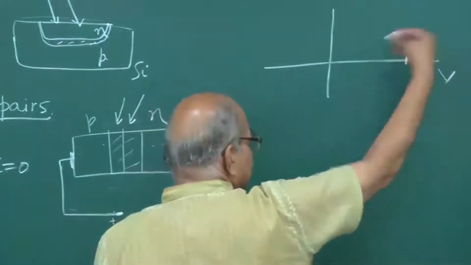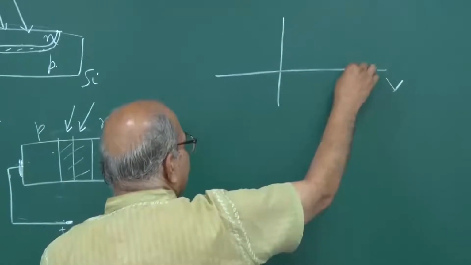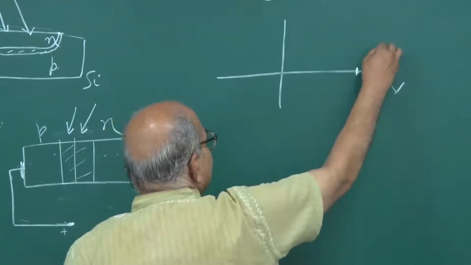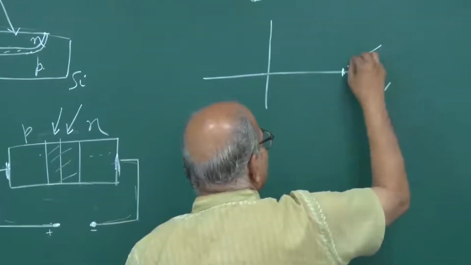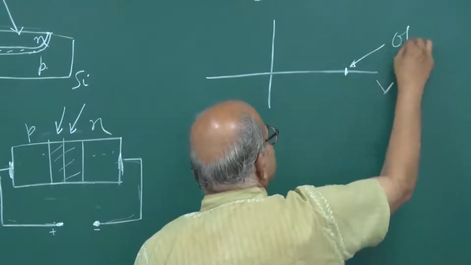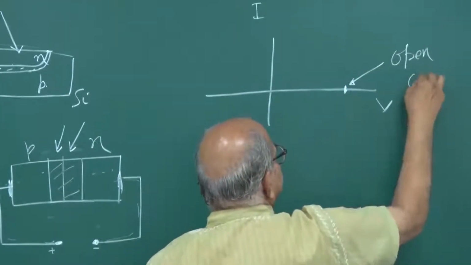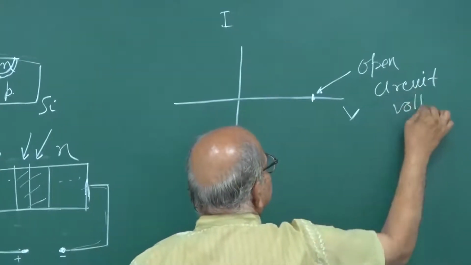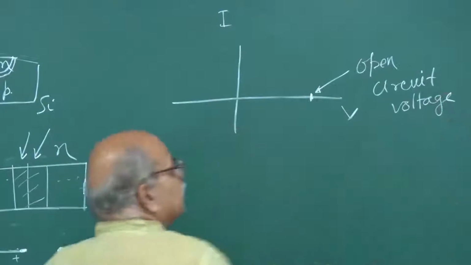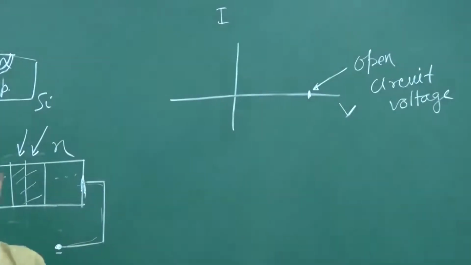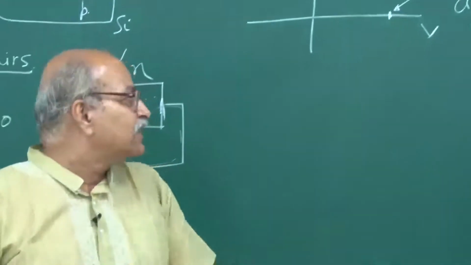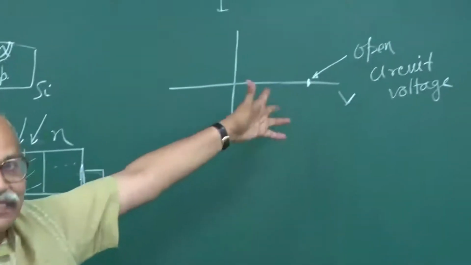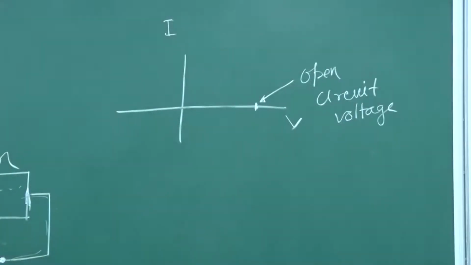This voltage is known as the open circuit voltage. If you take a solar panel and see the specifications, you may find this open circuit voltage.